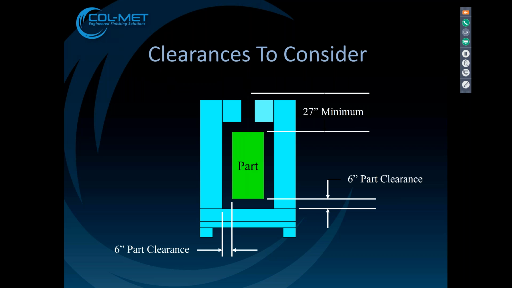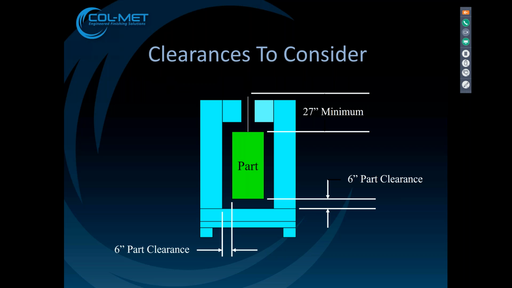So from the bottom of the opening to the bottom of the part, we need a 6-inch clearance. And from each side of the part in the profile opening, we need a 6-inch clearance. And from the top of the part to the top of the profile opening, we also need 6 inches.